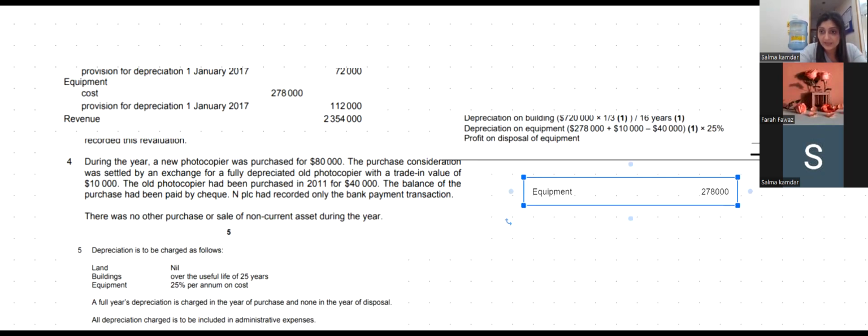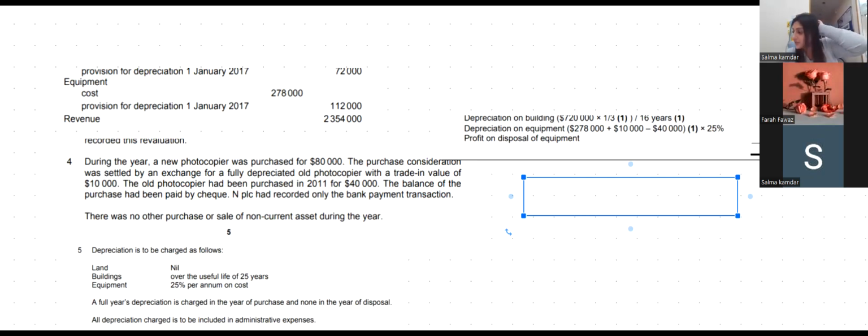So you have purchased a new equipment for how much? 80,000. How did you discharge the purchase consideration for this equipment? By part exchange.